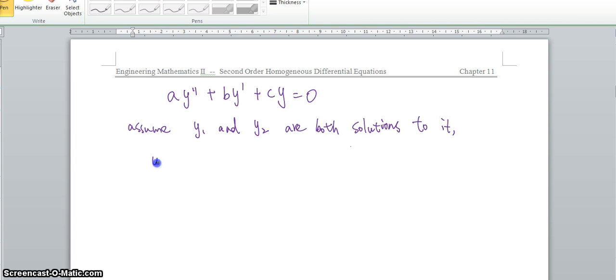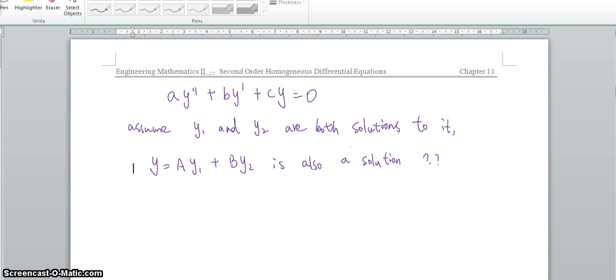So we want to prove that y equal to a y1 plus b y2 is also a solution. And this is in fact a much more general solution. So how do we do it?